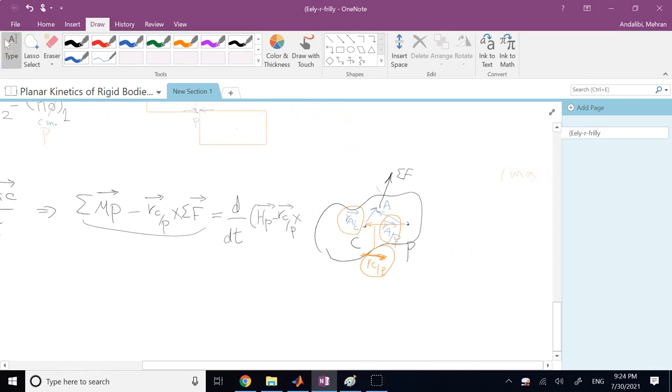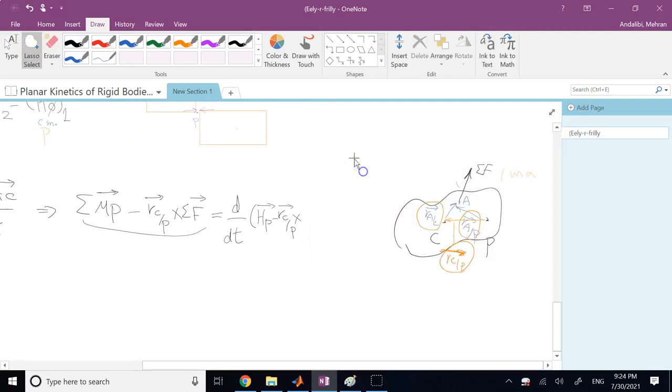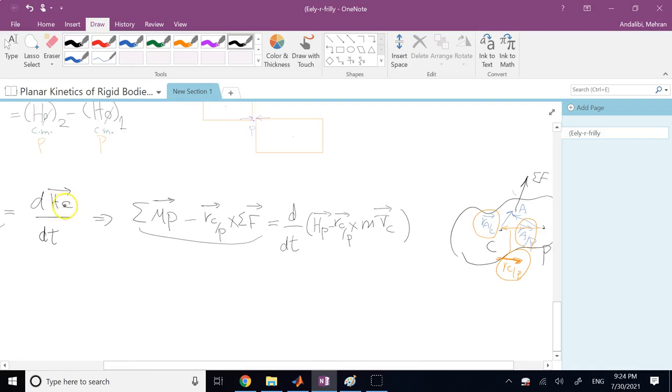Right? And which V? V at the centroid. So it is going to be M times V at the centroid. Okay, this is called the change in angular momentum, the shift in angular momentum.